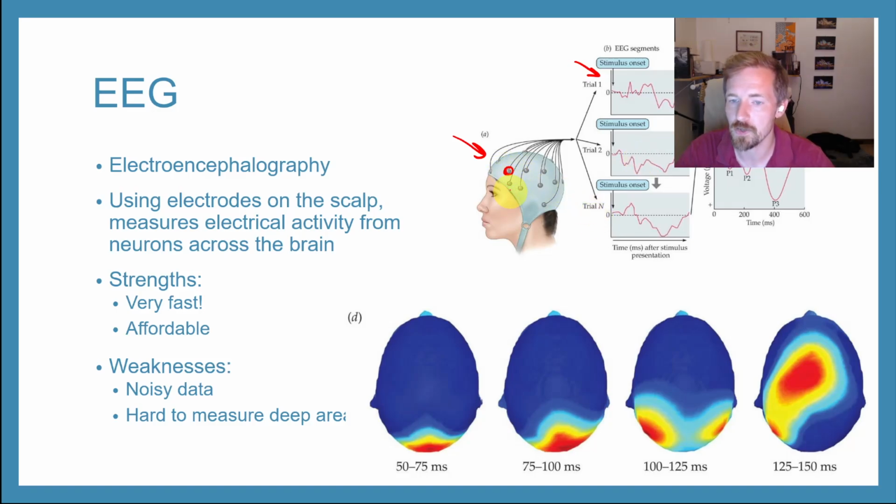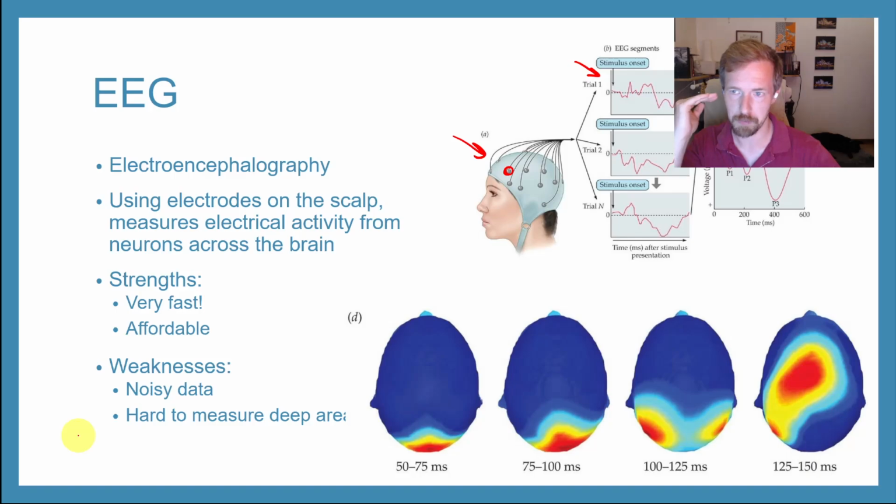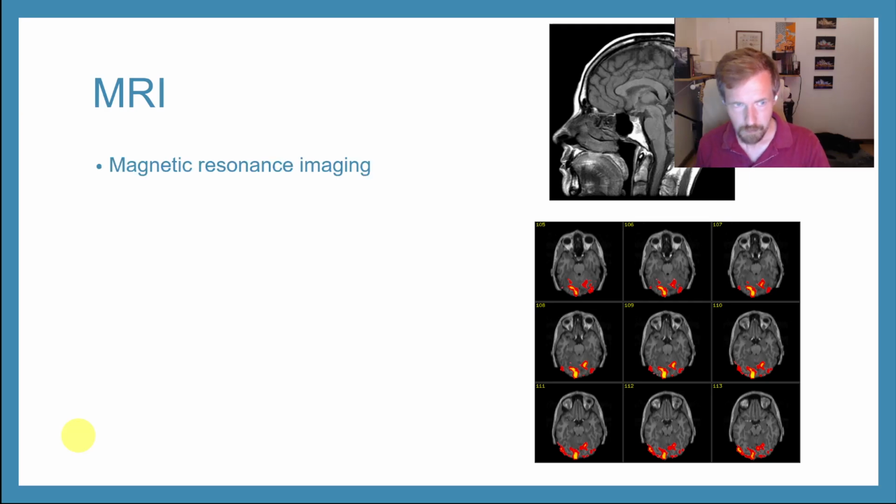Each one of these little electrodes is going to have its own really complex signal, I thought I had a figure to show you, but I'll show you later. It can get really, really messy, and interpreting it can be really, really hard to do. And it's also really hard to measure the deep areas of the brain. The reason for that is that when we're trying to measure the deep areas of the brain, we're also gathering all the electrical activation from the top too. So it's really hard to get those deep brain areas. Those are some of the weaknesses here.